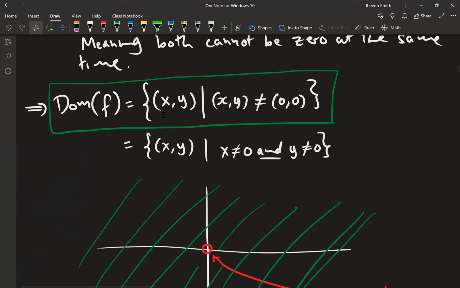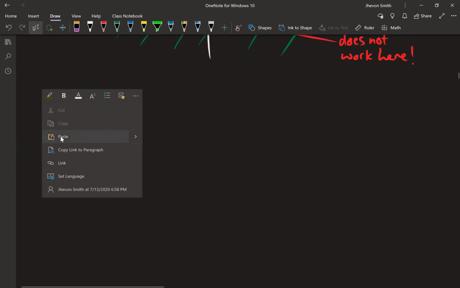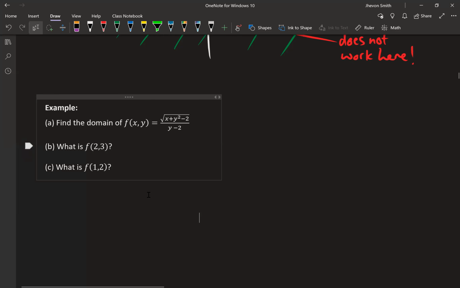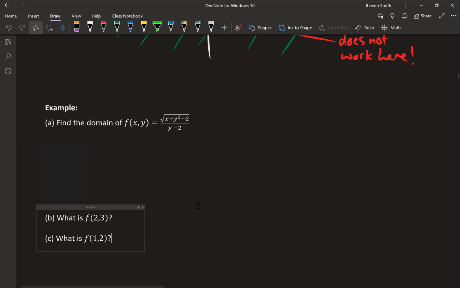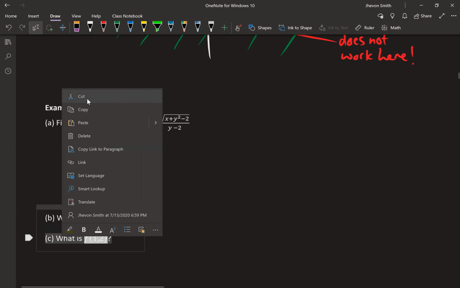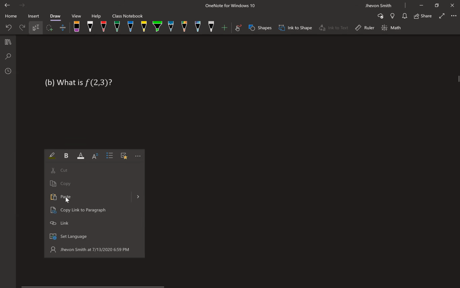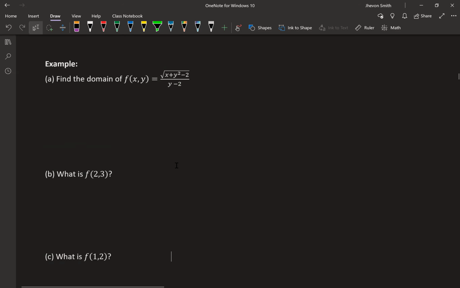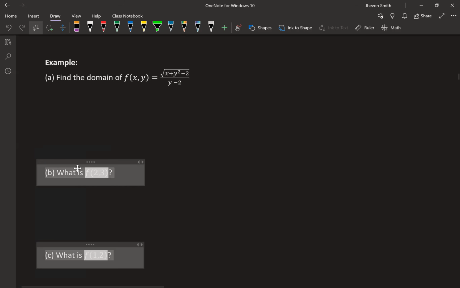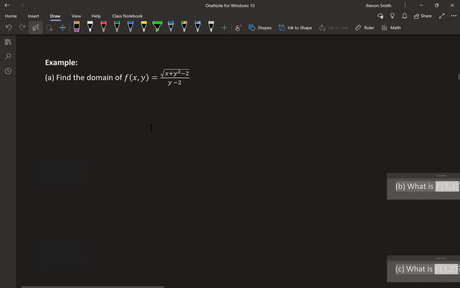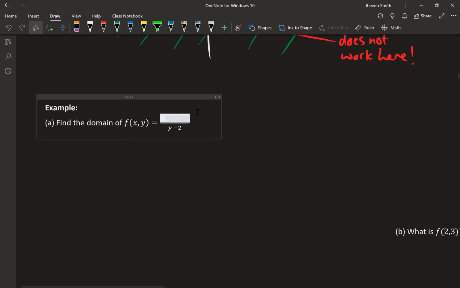See if you guys are getting how you want to look at this now. Okay, so here's an example. All right, so do the same thing for this problem here.